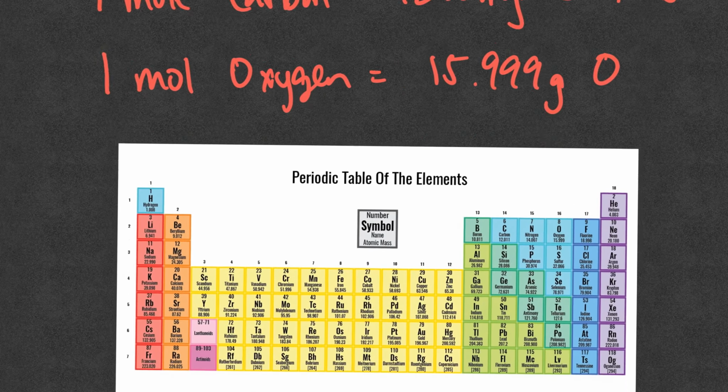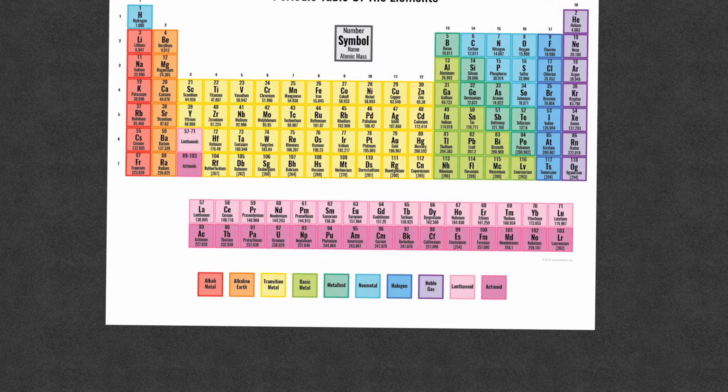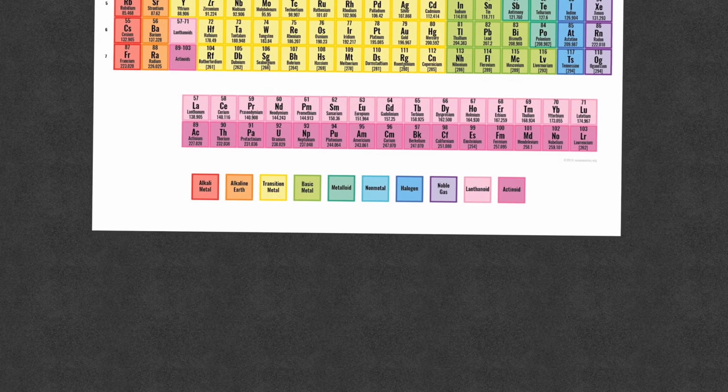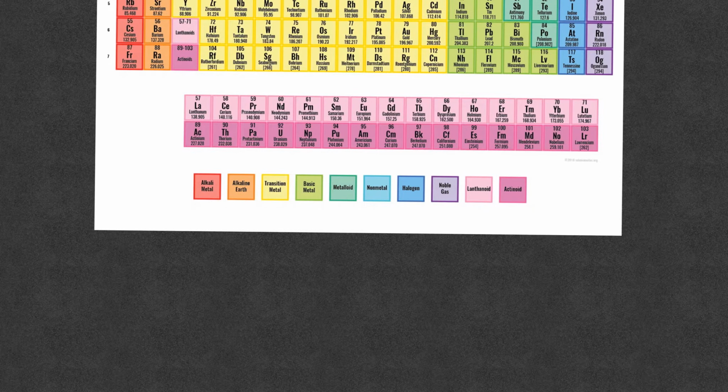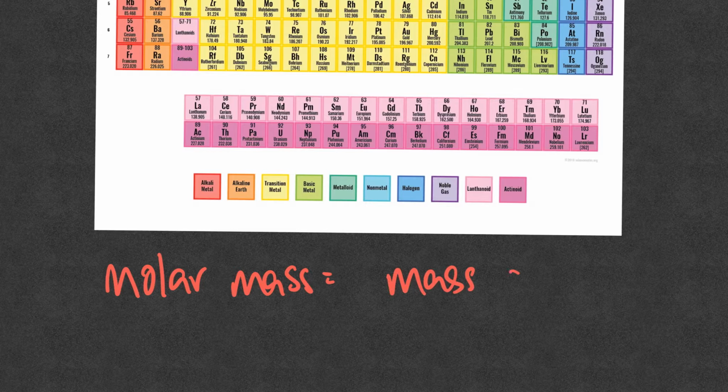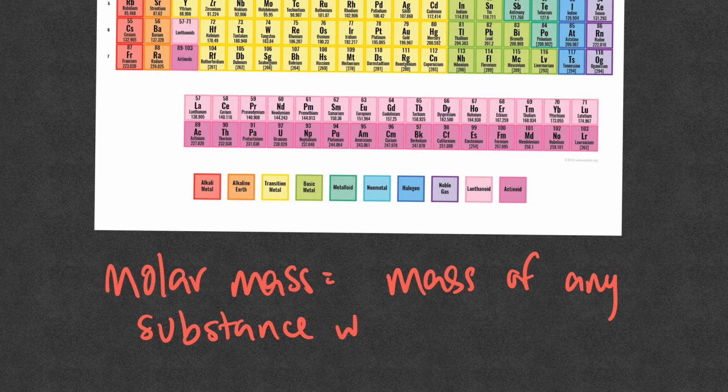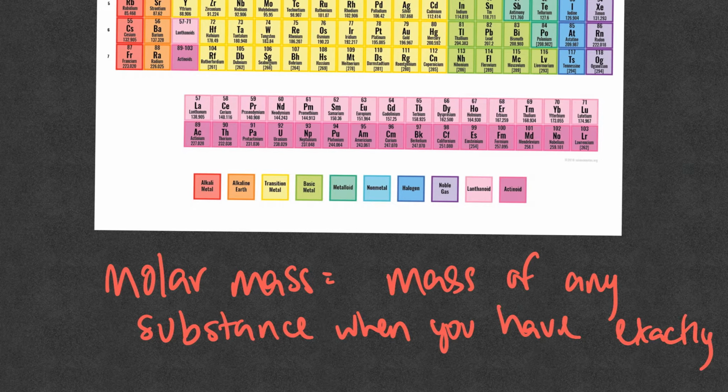Let's quickly talk about what a molar mass is, and then we'll go back to the periodic table to investigate this even more. Molar mass is simply the mass of any substance when you have exactly 1 mole of it.